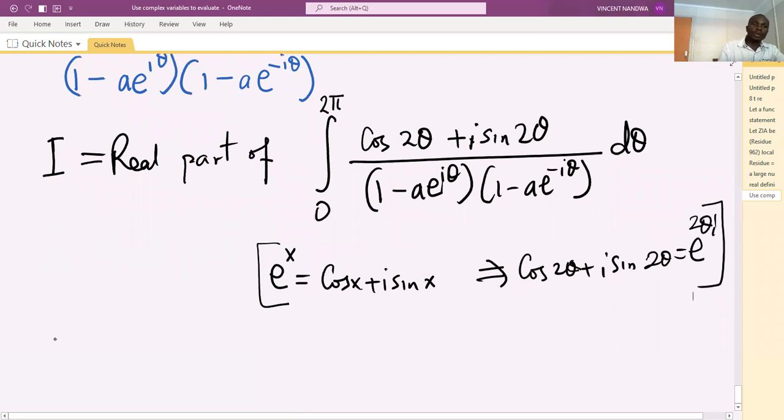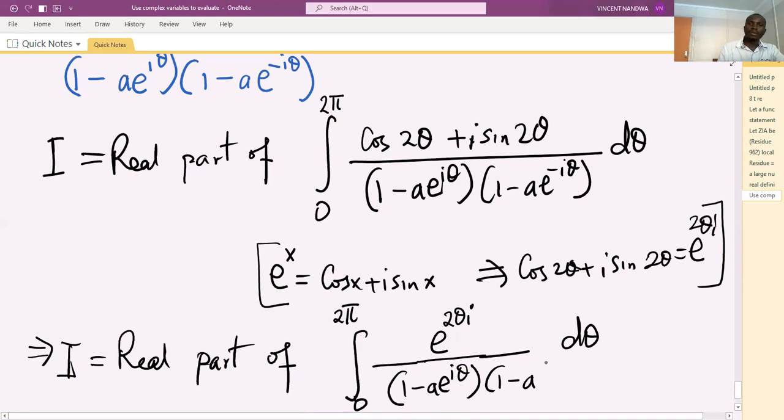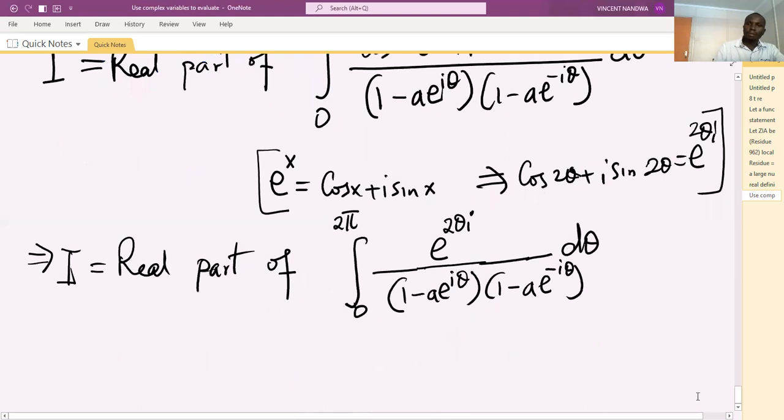So therefore, I is the same as the real part of the integral from 0 to 2 pi of, now the numerator will be e raised power 2 theta i d theta over 1 minus a e raised power i theta, times 1 minus a e raised power minus i theta. So that's what we'll have.